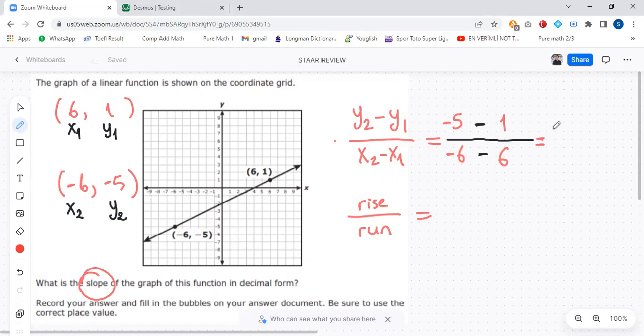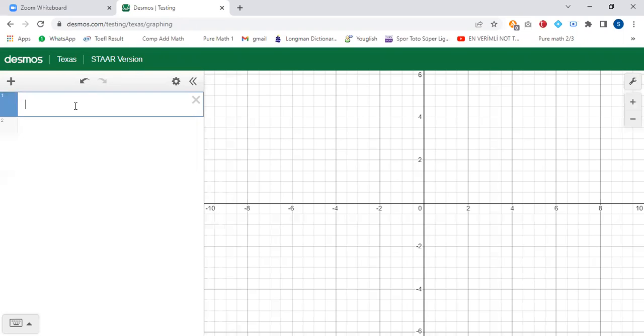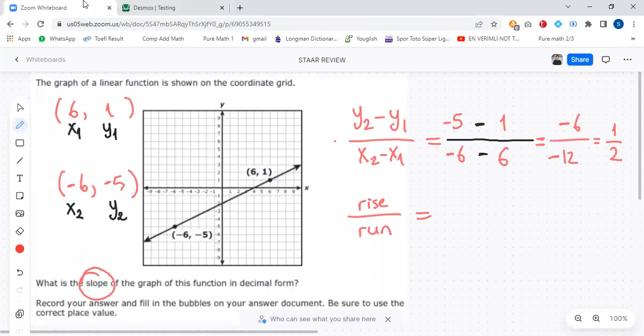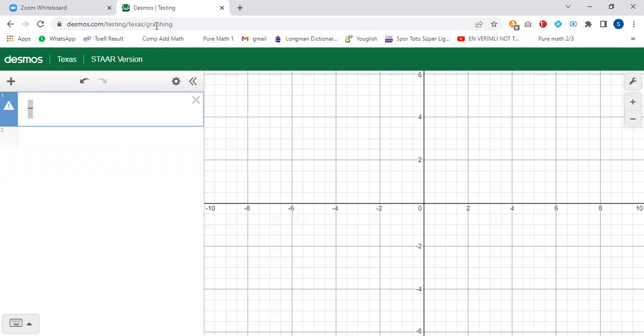So let's use our calculator for this. Actually, -5 minus 1 is -6, and then -6 minus 6 is -12. Negative divided by negative is positive, and 6 divided by 12 in the simplest form is going to be 1/2. Guys, of course, you can use your calculator for this problem. So we create a fraction, and then -5 minus 1, and then -6 minus 6.